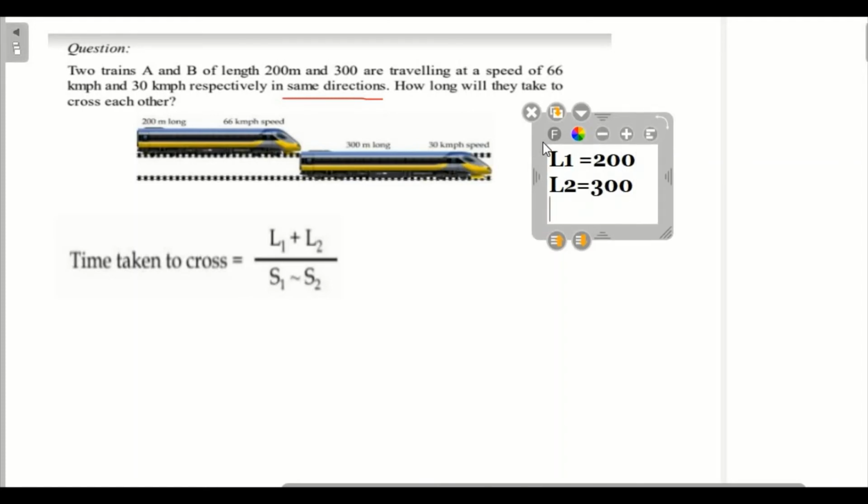So we have to find S1. For the opposite direction, we added S1 and S2 and converted into m/s. But for this one, we have to calculate separately. So S1 equal to, I'll tell you.